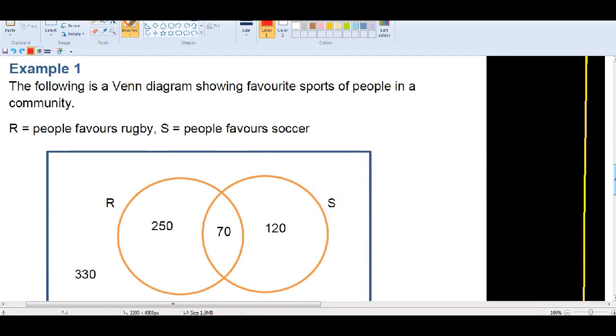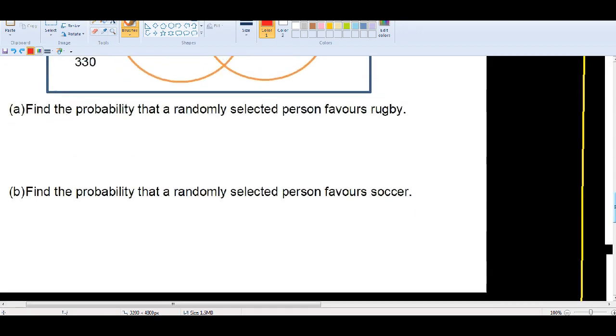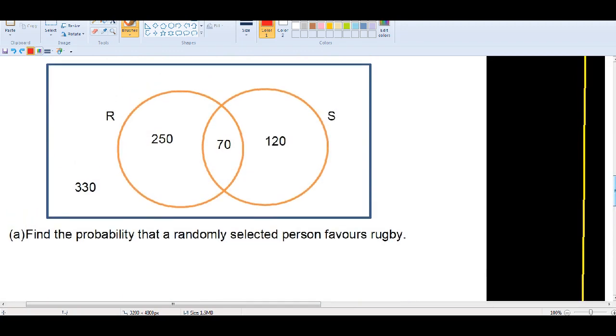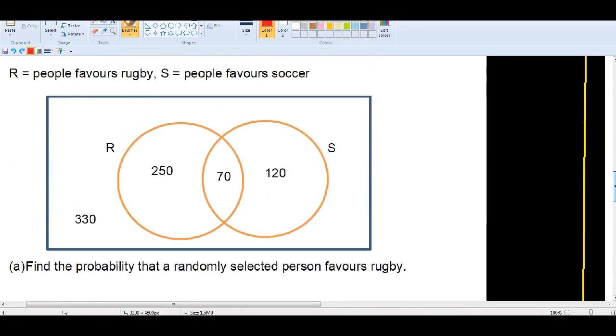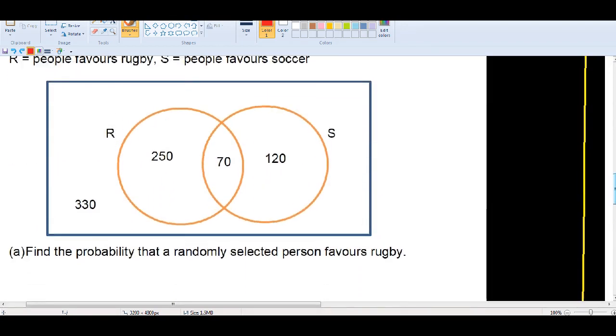Example 1 again is a situation we've seen before. This is a Venn diagram showing favorite sports of people in a community. Some people favor rugby, some soccer, and some neither of them.